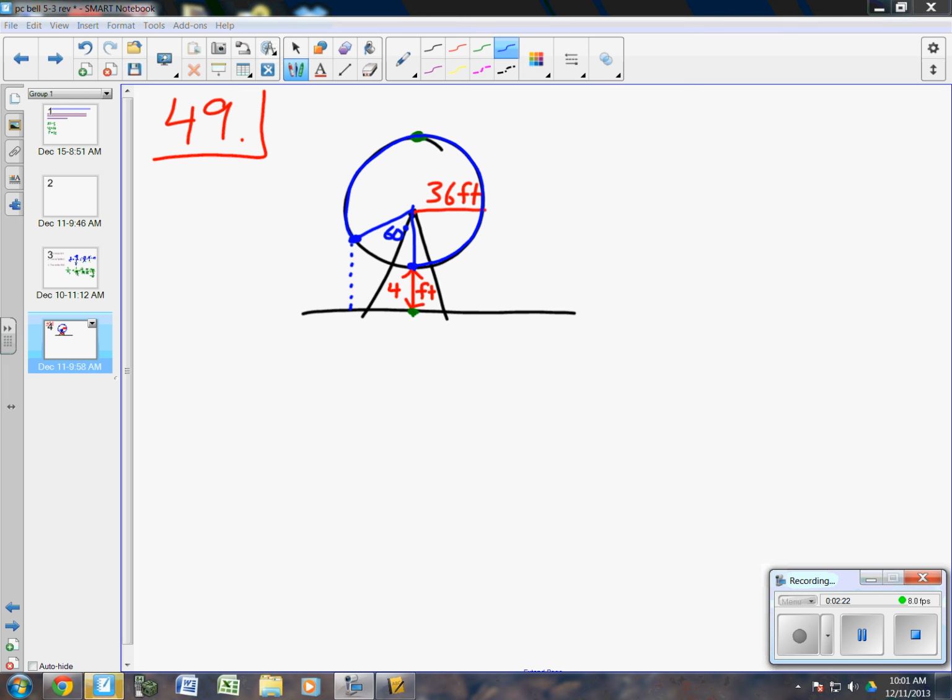What do you think? Actually, this picture is not proportional, so I wouldn't say a little bit over 4. It's actually not even close. Well, let me ask you this.